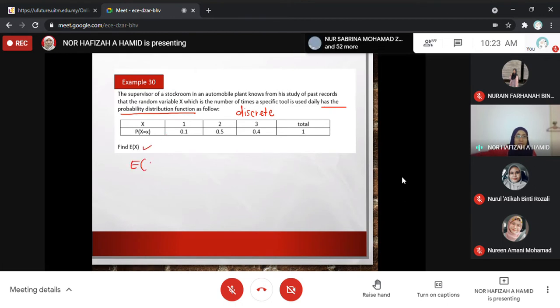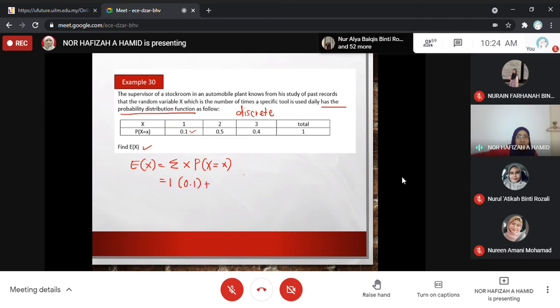So formula EX for discrete is summation of the X times with the probability. Okay, so equal to X to refer to values of X lah, with its own probability. Okay, so first X kita ada 1 and probability dia is 0.1.